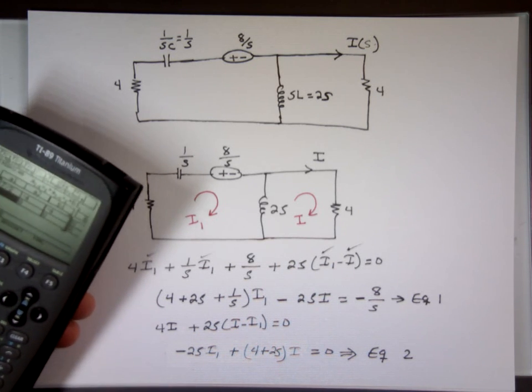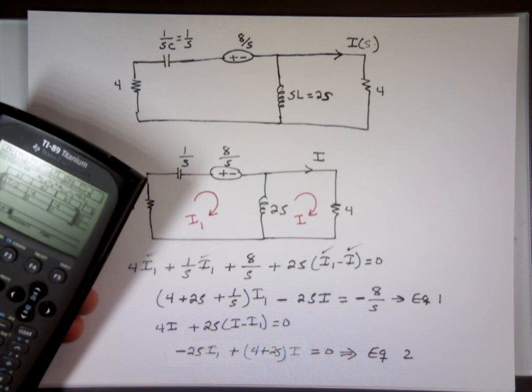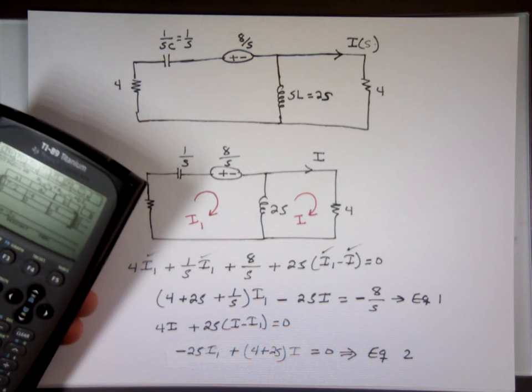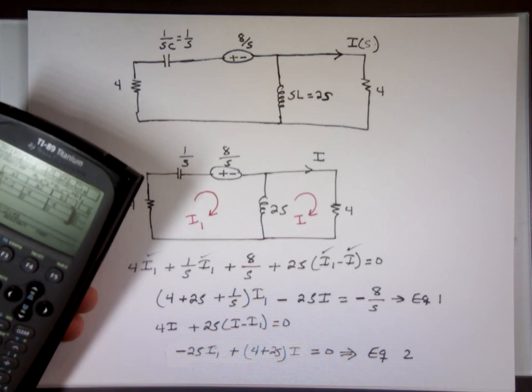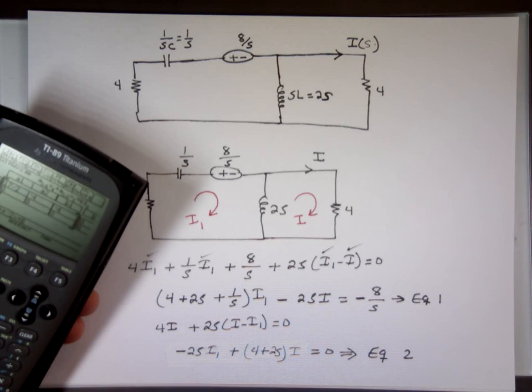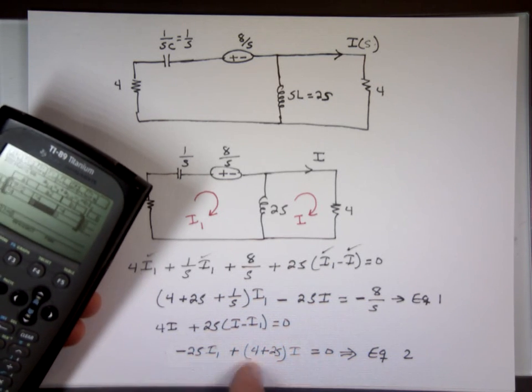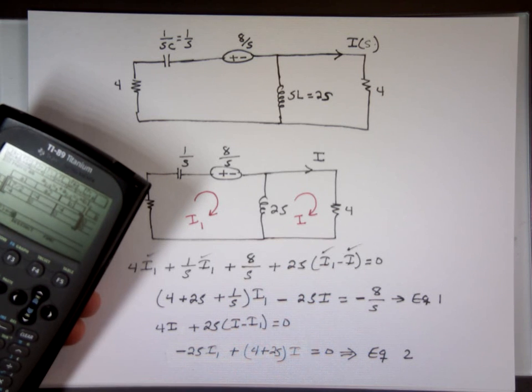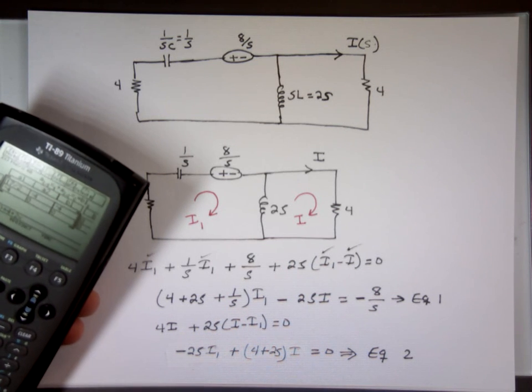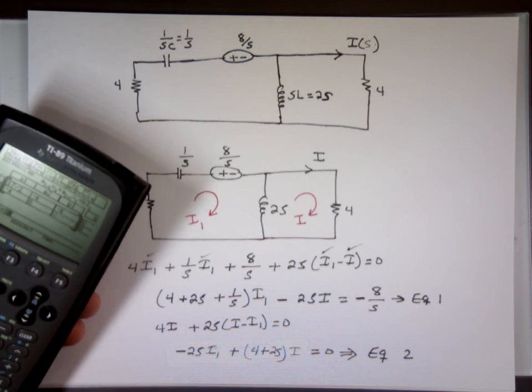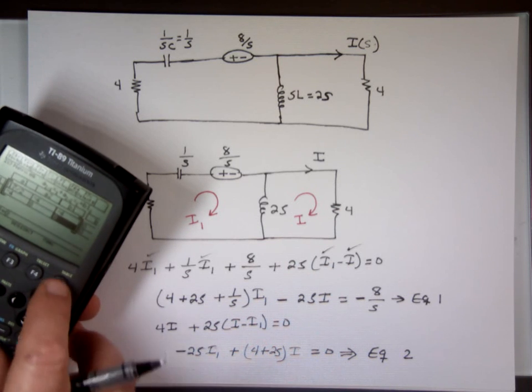The second equation: negative 2x, then 4 plus 2x, and the answer is 0. And you said F5 to solve.